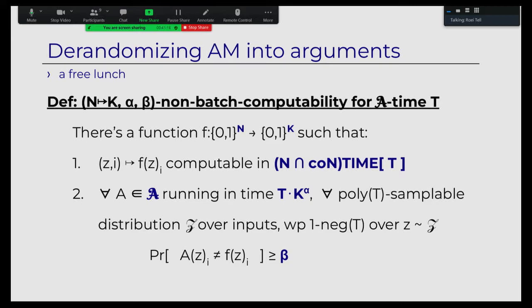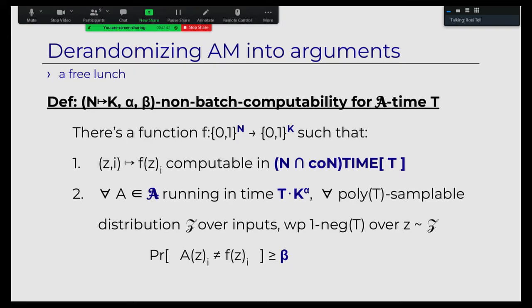So for every algorithm from the class that runs in time slightly larger than t, and every efficiently sampleable distribution over the inputs, with high probability over a choice of input, A won't succeed in printing a version of f that doesn't have this 1% corruption.